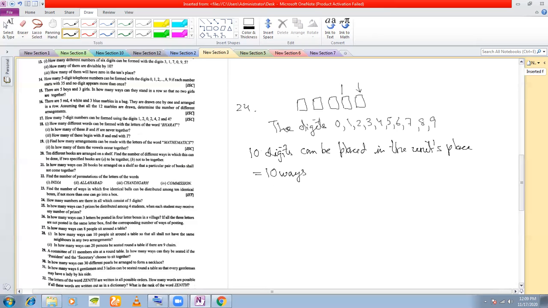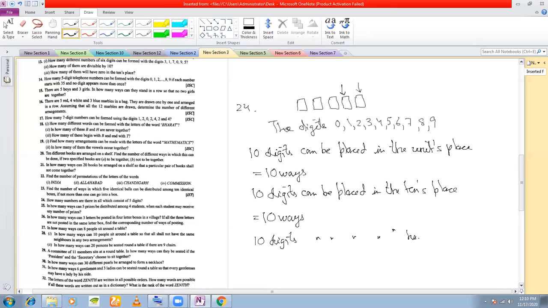Similarly, now come to the tens place, 10 digits can be placed in the tens place in how many ways? Again 10 ways, right? Similarly, 10 digits can be placed in the hundreds place in how many ways? Again 10 ways.